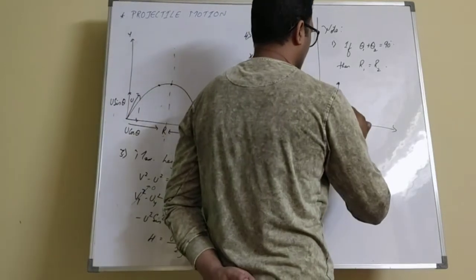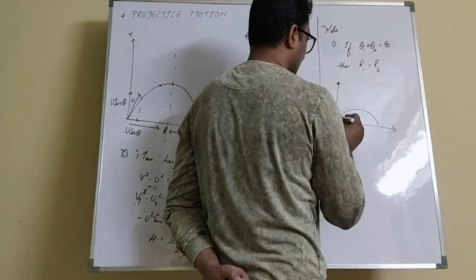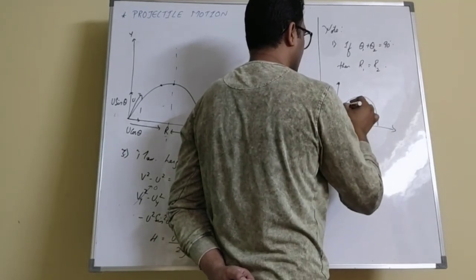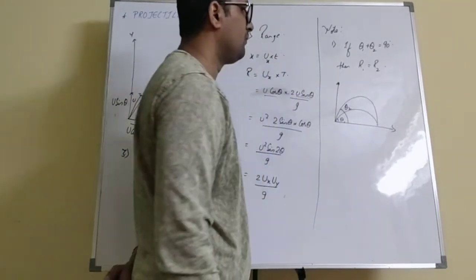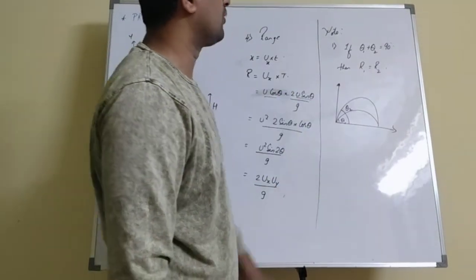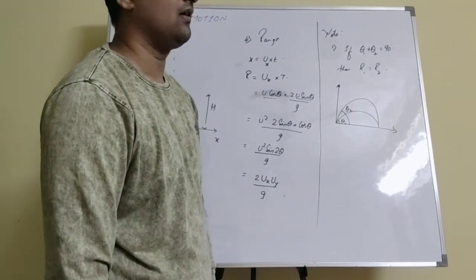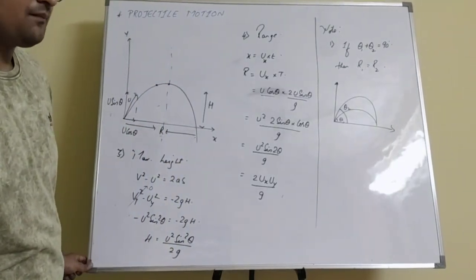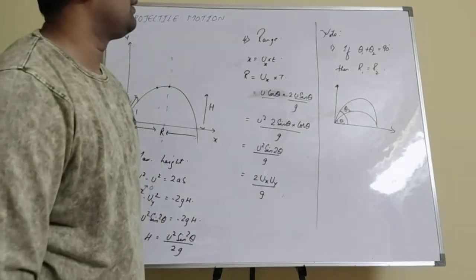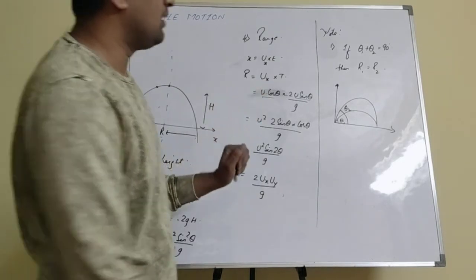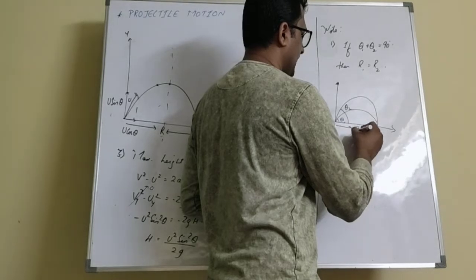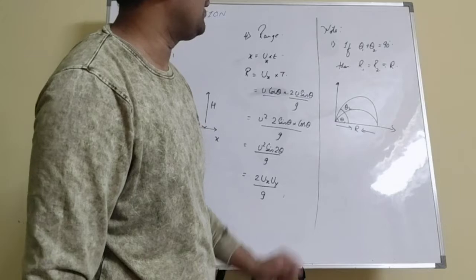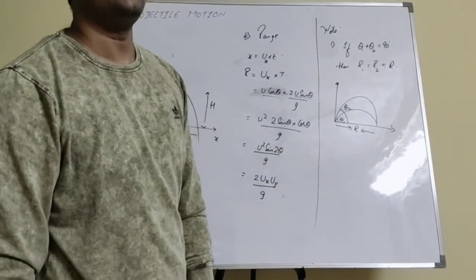One projectile makes an angle of theta 1, and the other makes an angle of theta 2. If theta 1 plus theta 2 is 90 degrees, so they are supplementary angles, then the range of both projectiles will be equal.